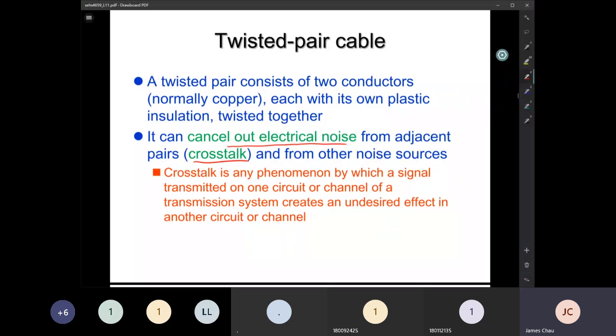Crosstalk is a phenomenon where a signal transmitted on one circuit may affect another circuit in the next channel due to the induction effect or the capacitive effect.